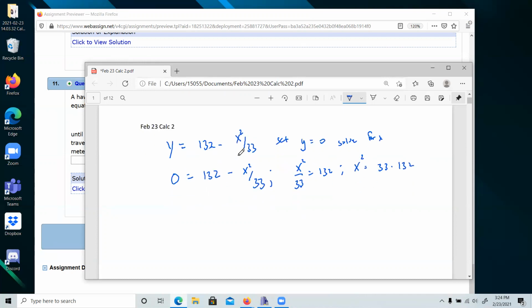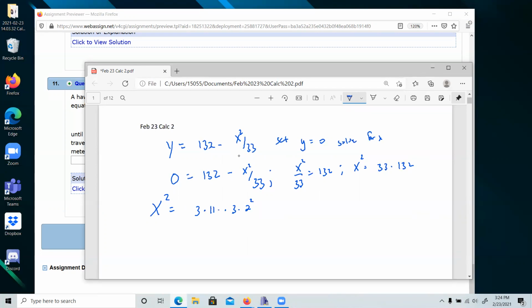Now, here's something I noticed. 132 is 11 times 12. So 33 is 3 times 11, and 12 is equal to 3 times 4, or 2 squared.